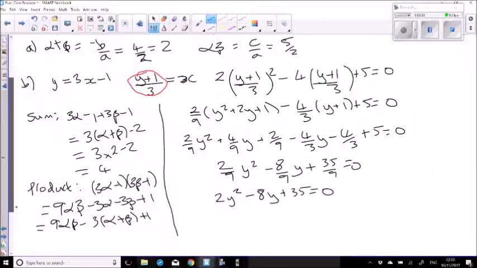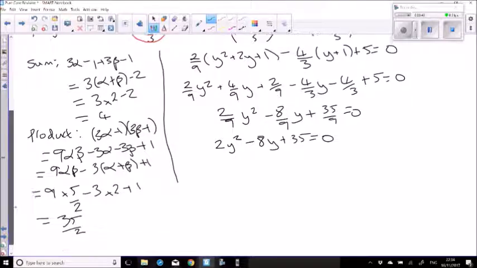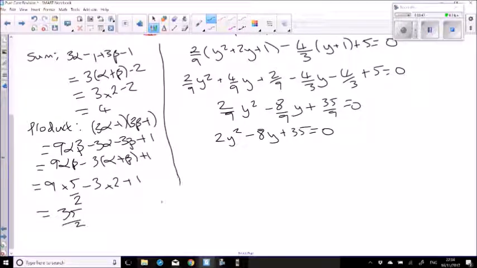Right, sub in the values we know. Okay, and then you reuse the fact that x squared minus the sum of the roots times x plus the product equals 0. So x squared minus the sum of the new roots plus the product equals 0.